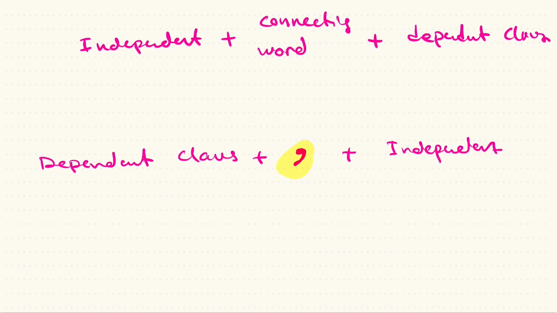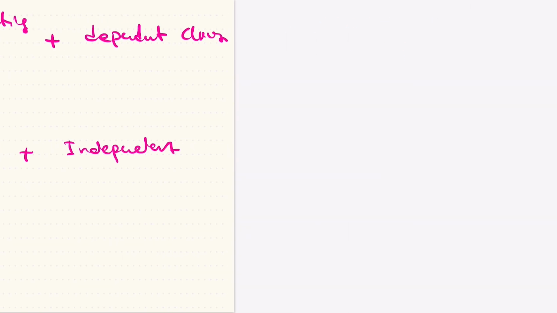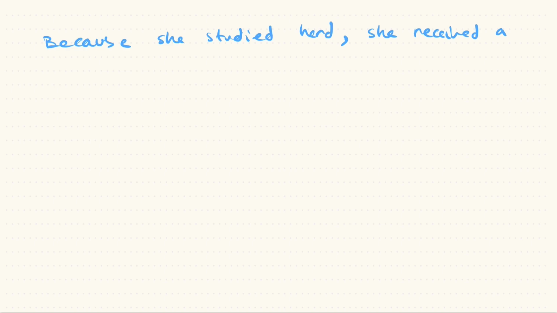I'm just going to finish with another example, and we'll call it the lesson there. So you can say, because she studied hard, comma, she received a good grade.